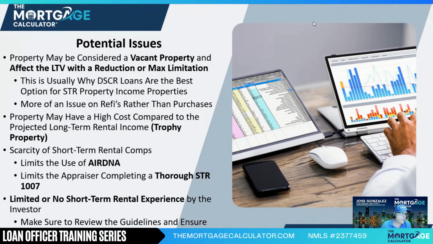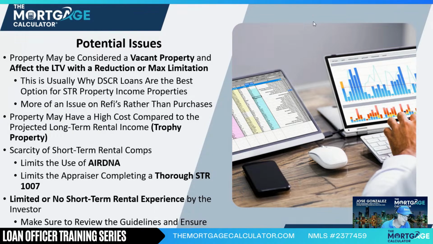But you may have a property that may have a high cost when compared to the projected long-term rental income that's possible. What we'd call a trophy property, probably, right? It's really nice, great location. You're going to hit it out of the park as a short-term rental, but what's your situation now, right?